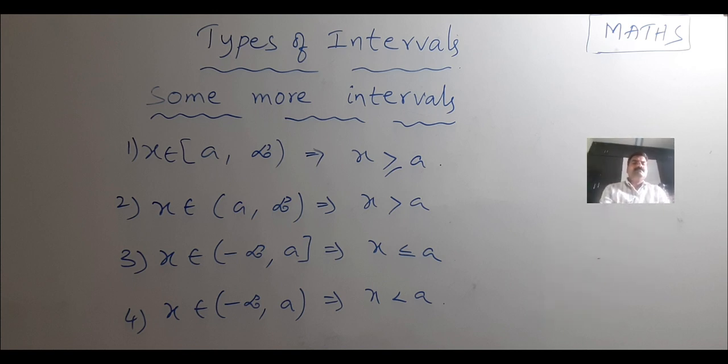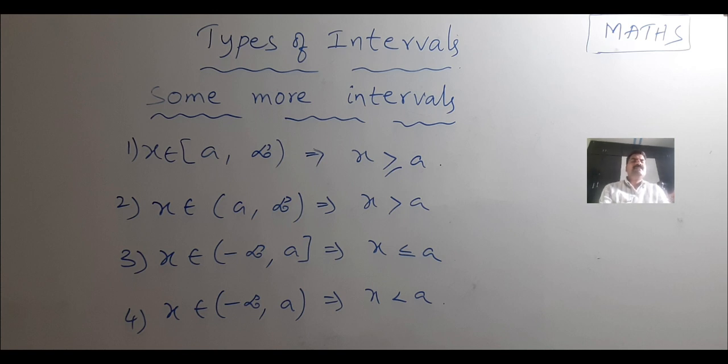Third one, x belongs to open interval minus infinity comma a closed. That means from minus infinity to small a, all the values which are less than a including a.